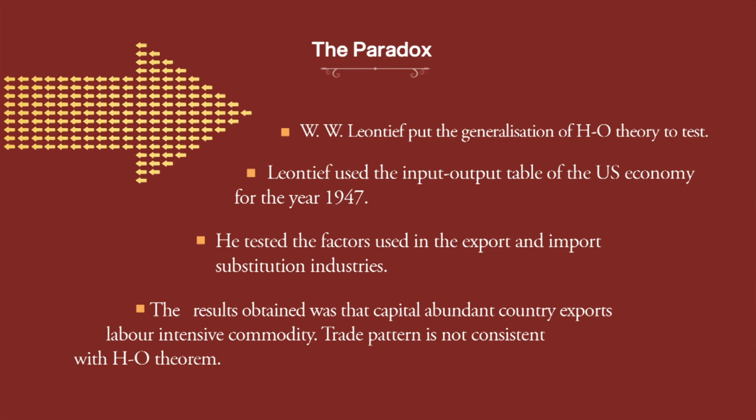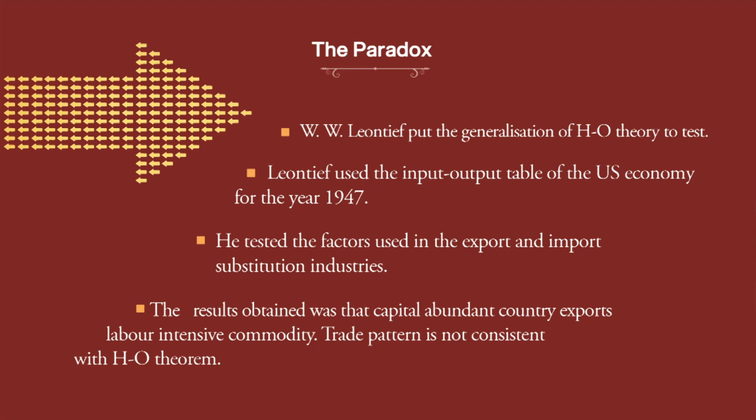But the result that Leontief obtained in his test was shocking, because the Leontief test found that the capital abundant country USA exports labor intensive commodities. So Leontief paradox finds that trade pattern is not consistent with the Heckscher-Ohlin theorem. This is Leontief paradox.